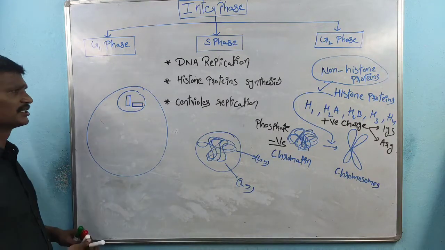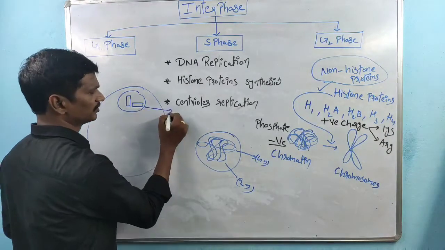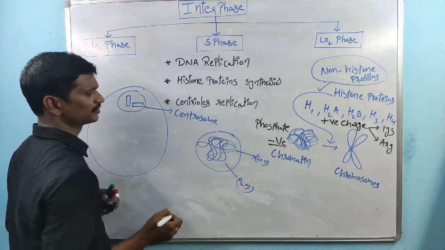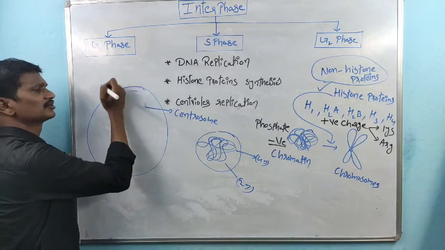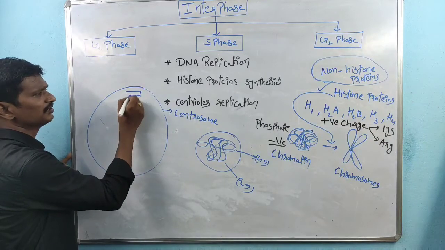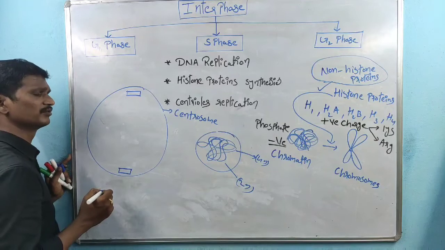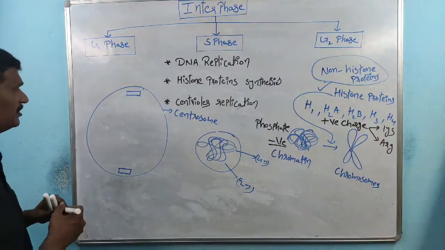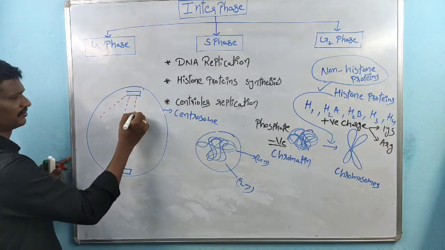Once the centrioles are replicated, this structure is called a centrosome. A centrosome contains two centrioles, which are always present perpendicular to each other. During cell division, these centrioles move towards the opposite pole sides and are involved in the spindle apparatus formation.